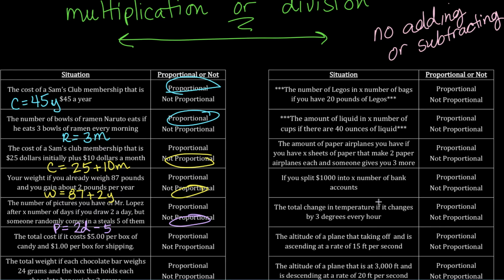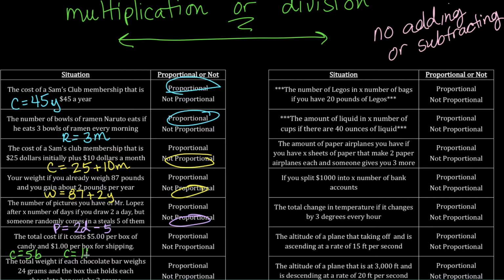So this one will be slightly different. So the total cost if it costs $5 per box of candy. So we'll say the cost is $5 per box, but it also says $1 per box.